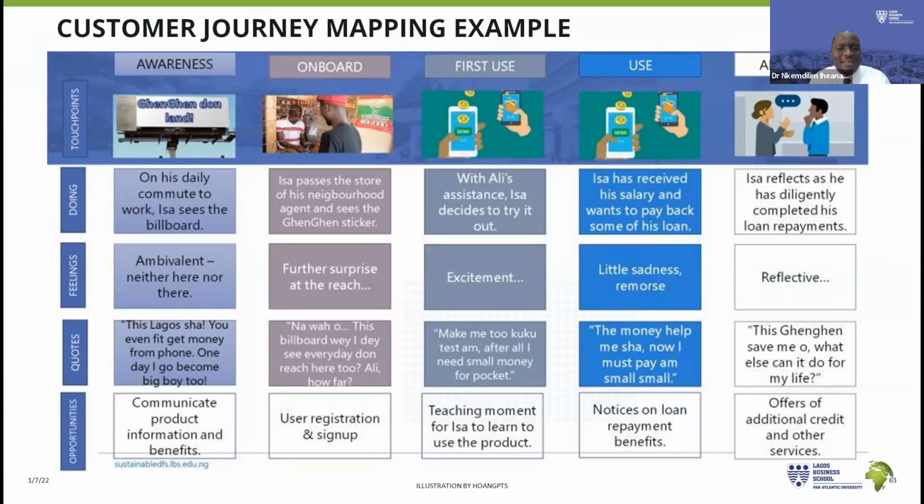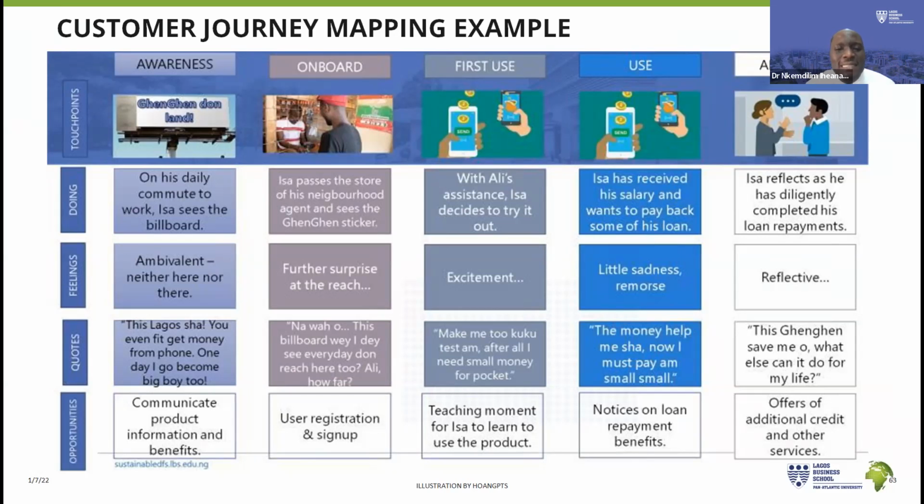Now, the opportunity at this stage is user registration and user sign up. So Ali takes Issa's phone, helps Issa get on with use of the product, and then shows Issa the various utilities of this product or service. Now, first use.